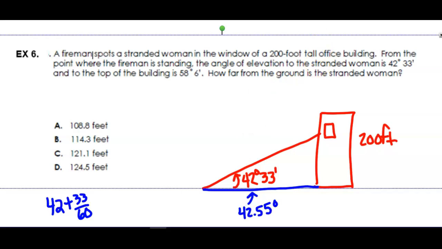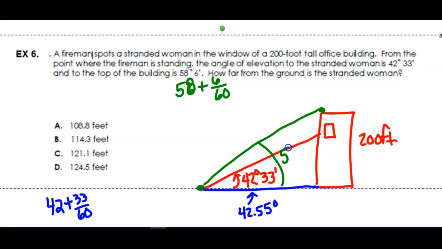Okay. He also looks to the top of the building. So from his eyeballs right here up to the top of the building, big dot, is 58 degrees and 6 minutes. 58 plus 6/60ths, which is 58.1.